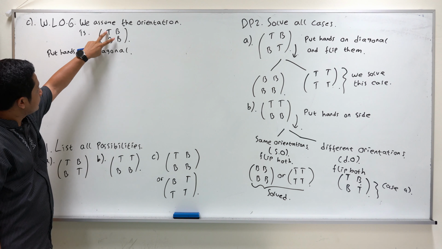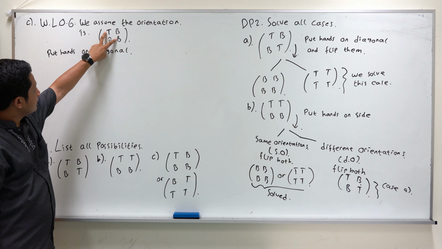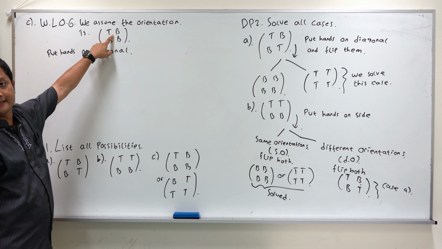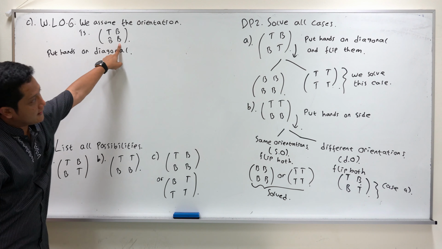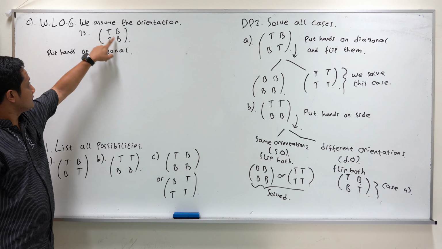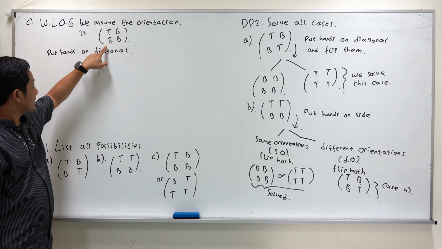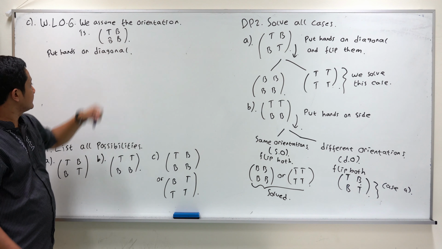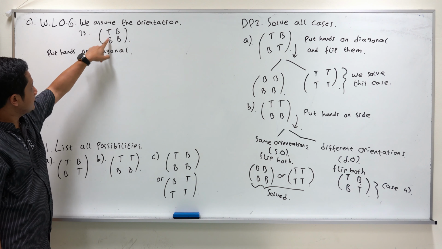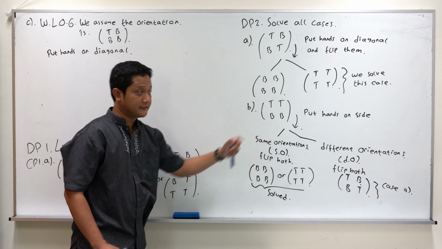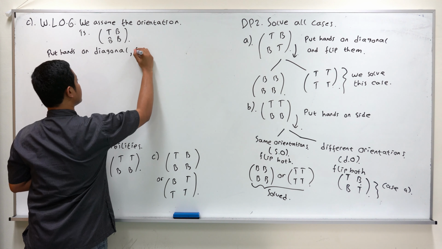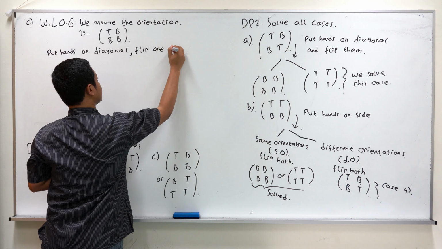If different orientation, if we flip one of them, for example this becomes B, then done. If this becomes T, go back to case A. So I think it is better to flip one of them. But if the same orientation, if we only flip one of them, then TTBB. Go back to case B. So it is better to flip one of them.